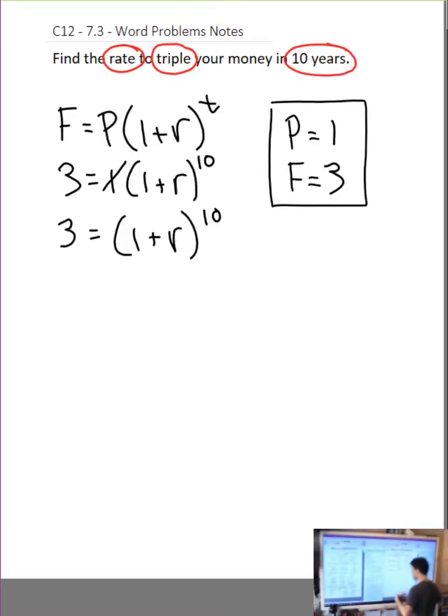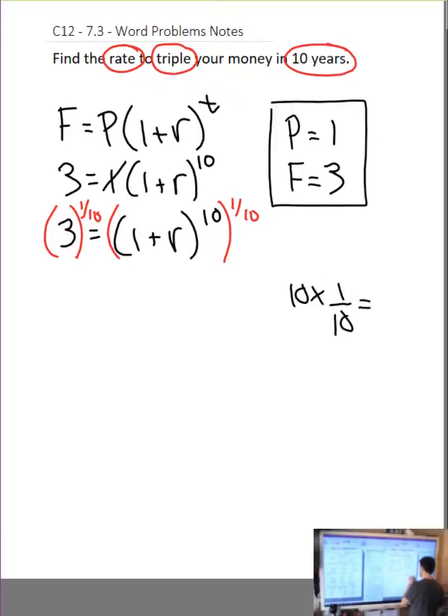Now we learned in 7.1 and 7.2 that if we want to solve for a variable with an exponent, we take both sides to the reciprocal exponent. So the reciprocal of 10 is 1 over 10. So we're going to take both sides to the reciprocal exponent. So on the right-hand side, if I do 10 times 1 over 10, well, that just equals 1. So the exponents go away, and that was the goal.